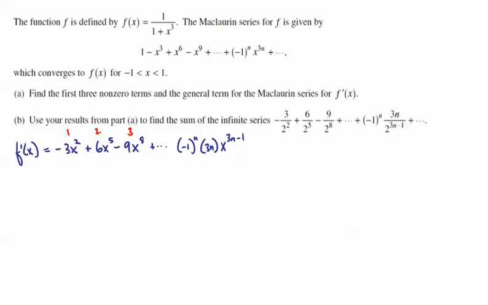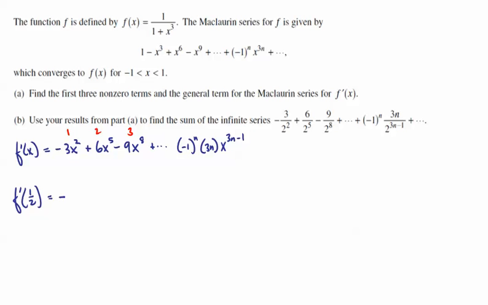In order for us to get that numeric series from our f prime of x, we would have to be using f prime of 1/2. x would have to be 1/2 in that case.